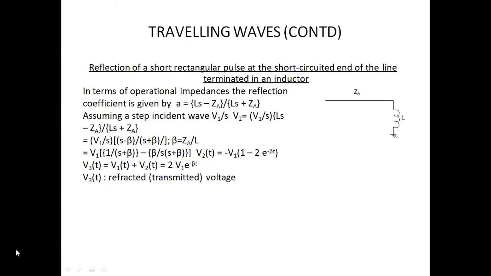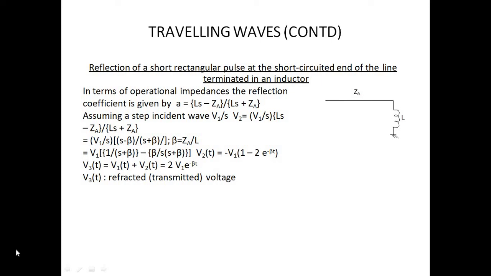The next is reflection of a rectangular pulse at a line terminated in an inductor. It is the same concept, with a voltage and a current here. In terms of operational impedance, the reflection coefficient A is equal to (Ls minus ZA) divided by (Ls plus ZA).